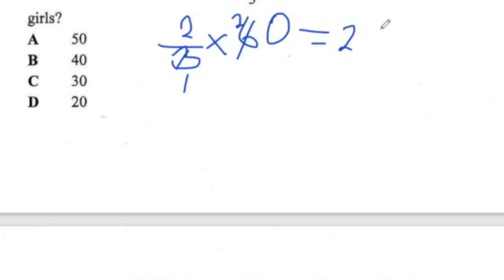Then times these 2 and the 0 we haven't used. Then 2 by 20 will give us 40. Bam, that's the number of girls in this grade 1 class, which is the correct answer.